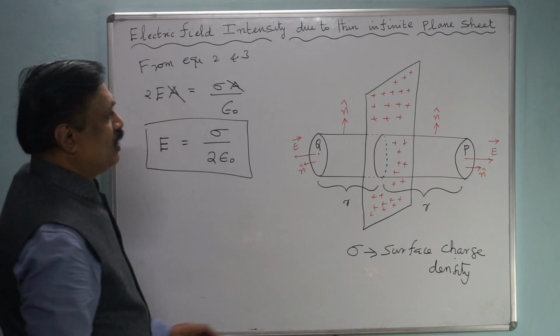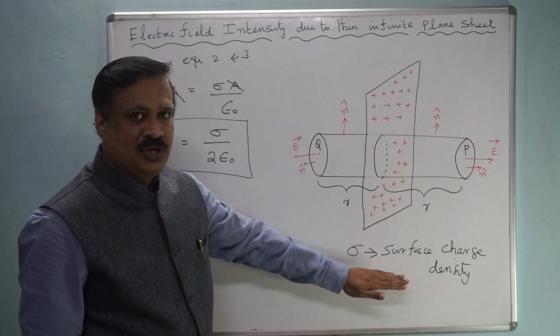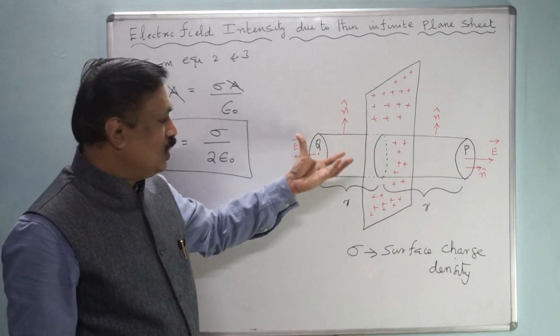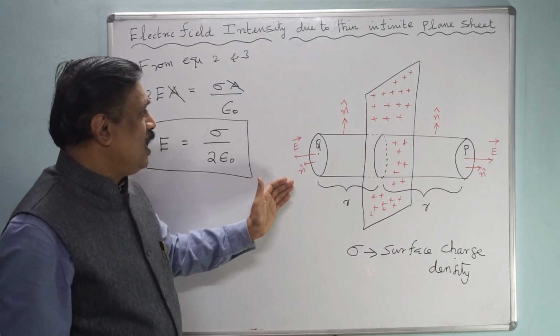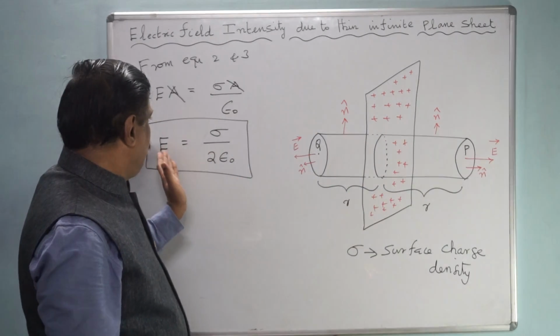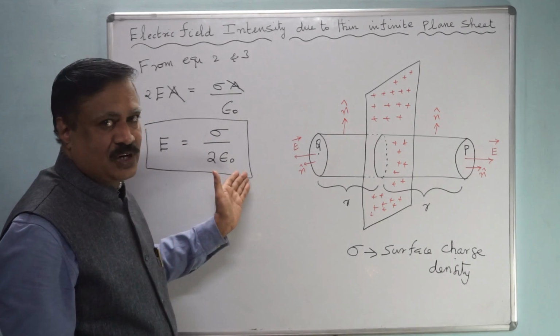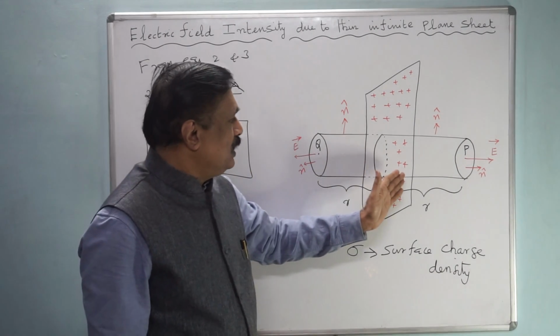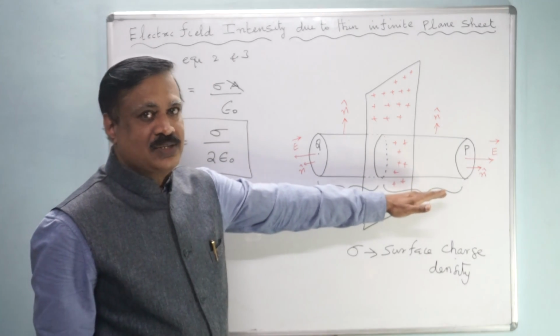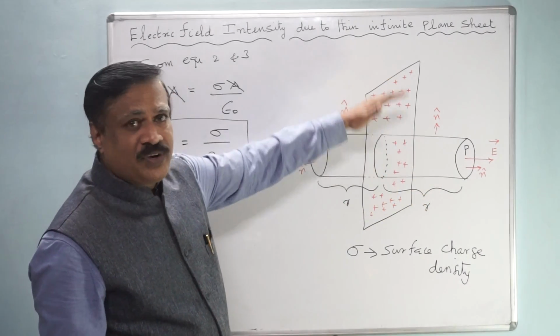This is for an infinite plane sheet of positive charge, or you can put a positive charge Q also. Now the electric field at some distance is sigma by 2 epsilon 0. See here, it is not depending on any distance, because the sheet is infinite.